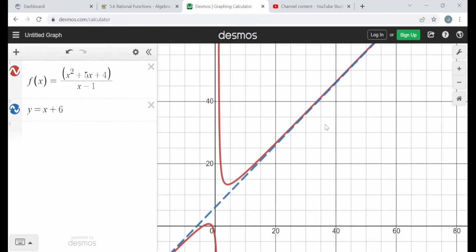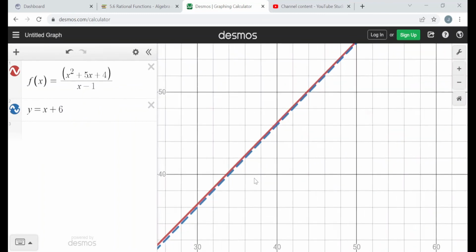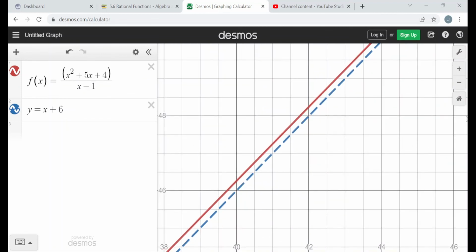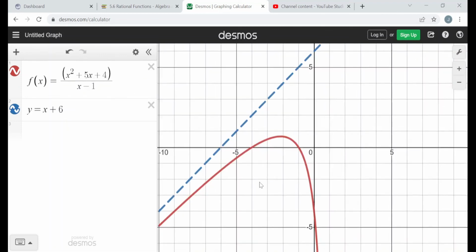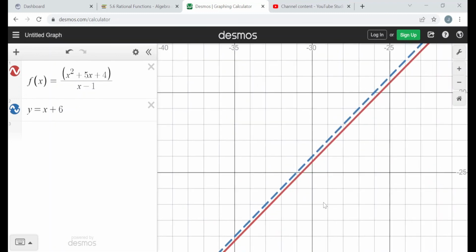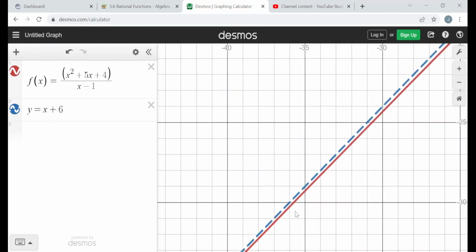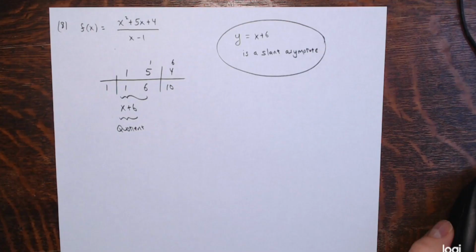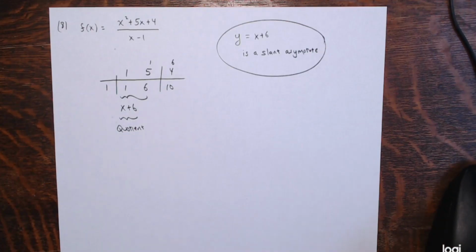So yeah, see if I go out to the far right, the red graph is approaching that blue dotted line, right? And the same thing goes if I go left forever too. If x approaches negative infinity, the left end behavior, same thing, that red graph is approaching that blue dotted line, our y equals quotient. So yeah, looks good.